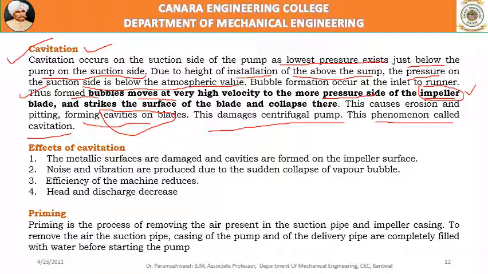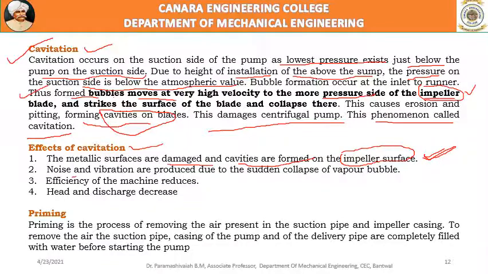Then what are the effects of cavitation? The metallic surfaces are damaged and cavities are formed on the impeller surface, which causes inefficiency of the pump and the impeller is to be replaced. So while designing, care is to be taken that the pressure at the vacuum side should not go very low.